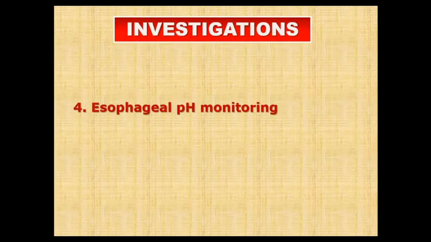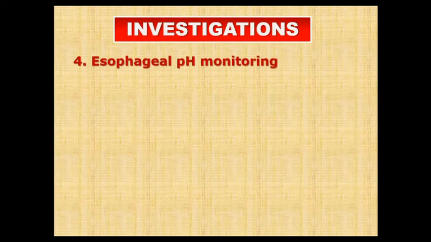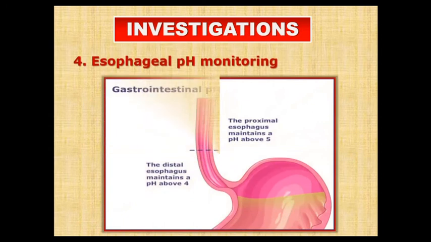And the final tool of investigation is assessing and monitoring the esophageal pH. You know, the normal acidity of the esophagus is maintained above 5 in the upper portion of the esophagus, and for the distal portion it should be maintained above 4, while the acidity of the stomach is between 1.5 and 3.5.